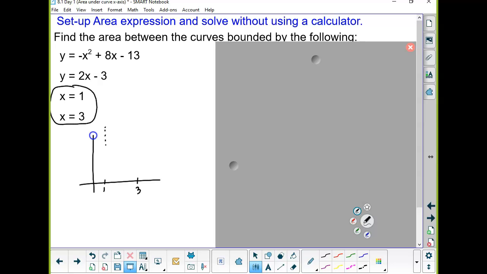So I'm not sure where that's going to come into play yet. But I know that those are my kind of cutoffs in the x direction. I also know that I've got a linear equation that has a y-intercept at -2.